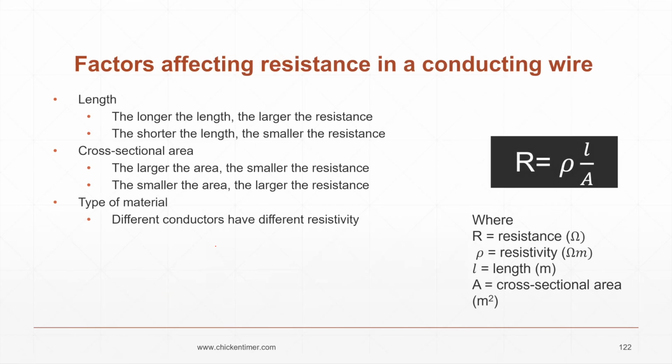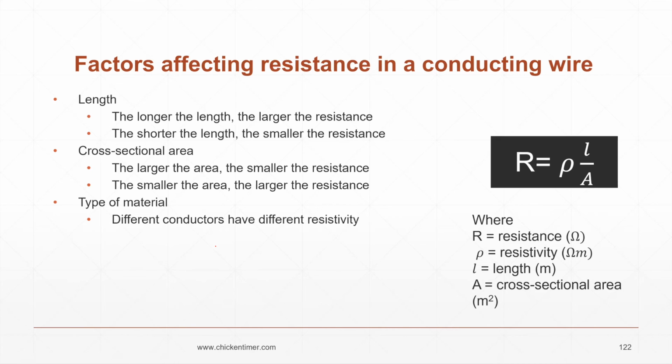Then the factors affecting resistance in the wire are the length, the cross-sectional area, and the type of material. If you have a long length, you get larger resistance; a short length gives smaller resistance. For cross-sectional area, if the cross-section is big, it equals smaller resistance.